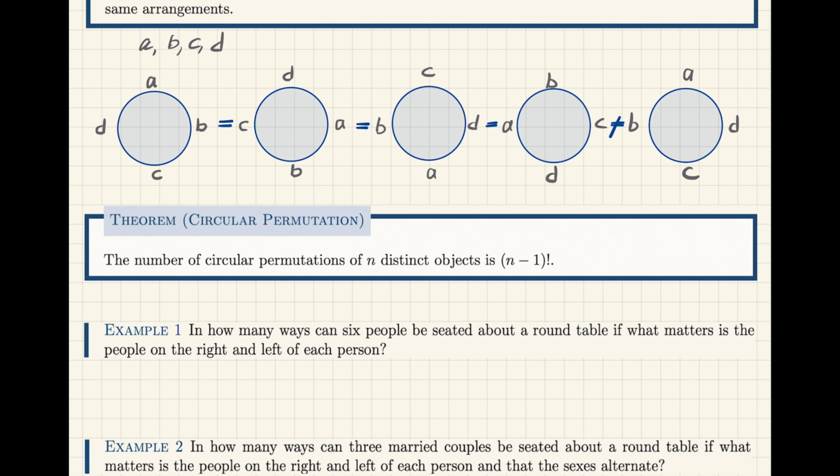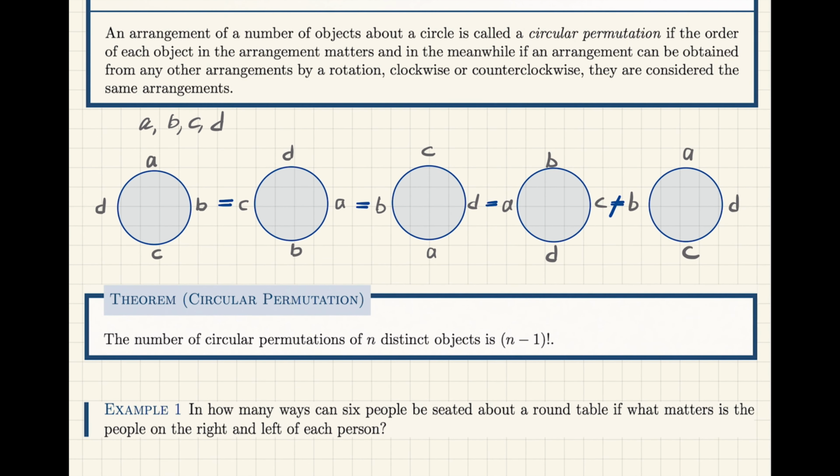And the reason is clear because, for example, if you are dealing with 4 objects, you see that when you write a new circular permutation, there are 4 equivalent ways of writing that.